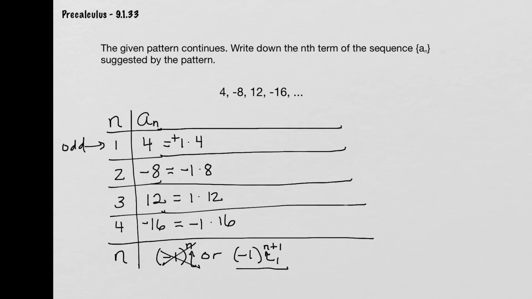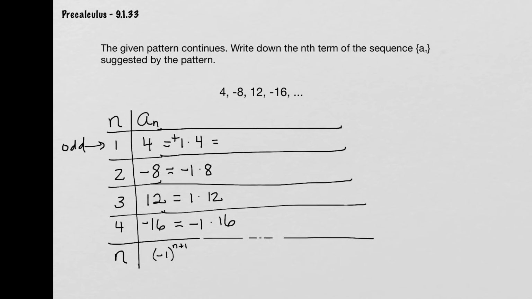So let's write that down then. I've got negative 1 to the n plus 1 power. And of course there's more to this problem than that. So I've worked out what the sign should be. So now I have 1 times 4, negative 1 times 8, 1 times 12, negative 1 times 16.